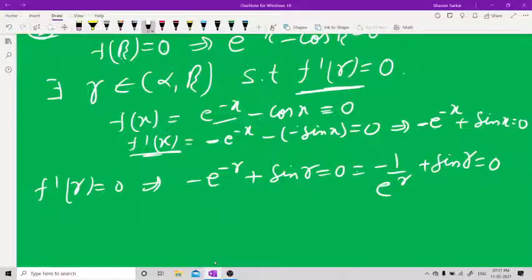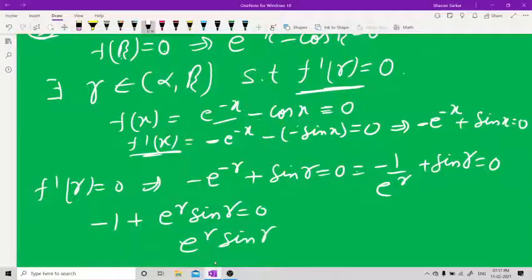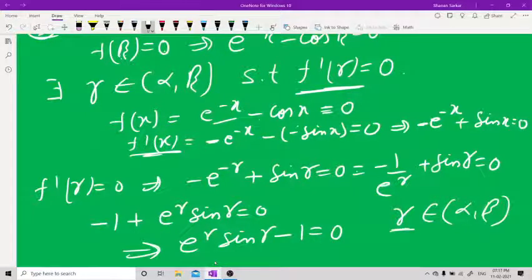That's right. Now this can be written as minus 1 upon e to the power of gamma plus sin gamma equal to 0. Now this can be written as minus 1 plus, take an LCM, sin gamma e to the power of gamma equal to 0. This implies e to the power of gamma sin gamma minus 1 is 0, and gamma is any number between alpha and beta. Any arbitrary number. We can call it x. No problem.